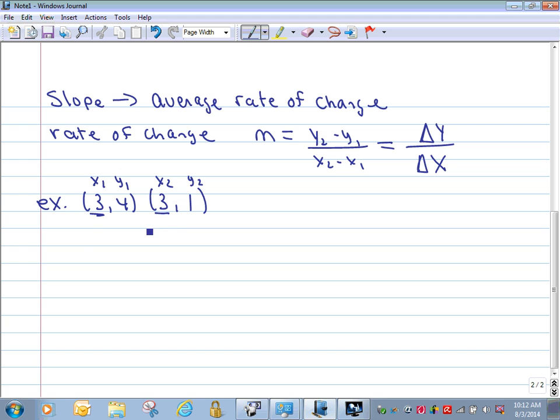So we would have y sub 2, which is 1 minus 4 over 3 minus 3, which would give us negative 3 over 0. Well, you know, in the earlier section we talked about restrictions of the domain. You cannot divide by 0. It's undefined. So the slope is undefined. And we know because both of the x values are 3, our equation is x equals 3.